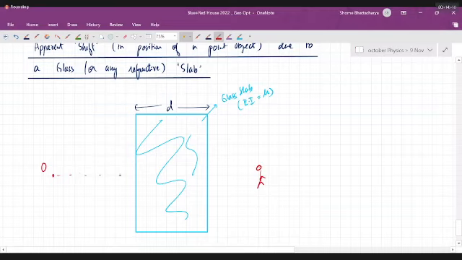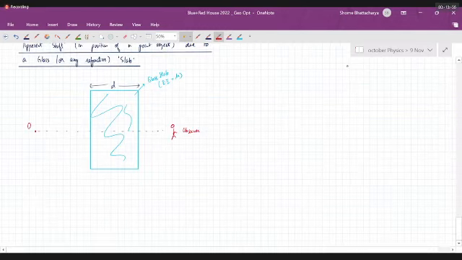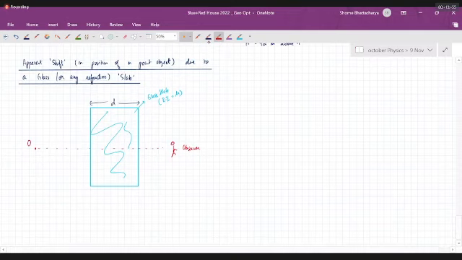So again, the rays reaching the observer are paraxial. Then what happens is that, to this observer, the object appears to be closer than it actually is to the glass slab.